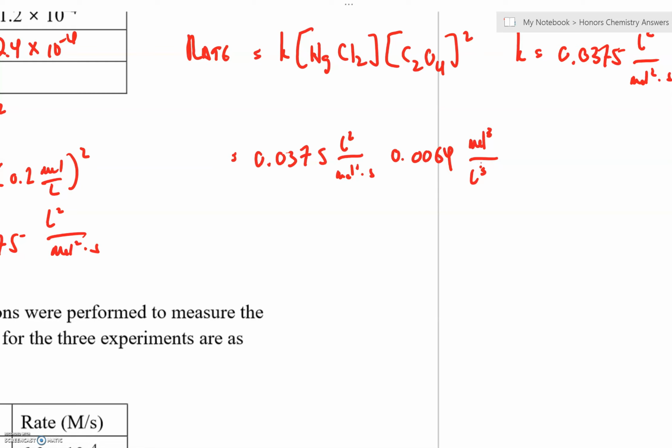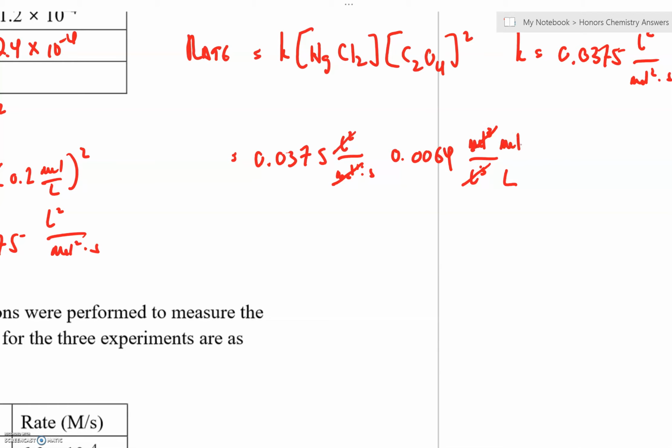All right? Now, we're going to get the value in a little bit, but look what happens to the units. Liters cubed cancels liters squared and leaves us with 1 liter on the bottom. You follow me? Moles squared cancels moles cubed and leaves 1 mole on the top.